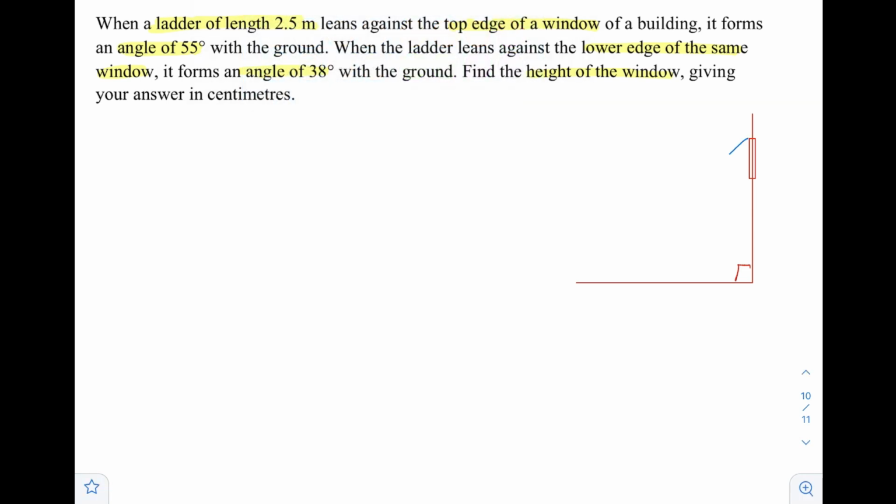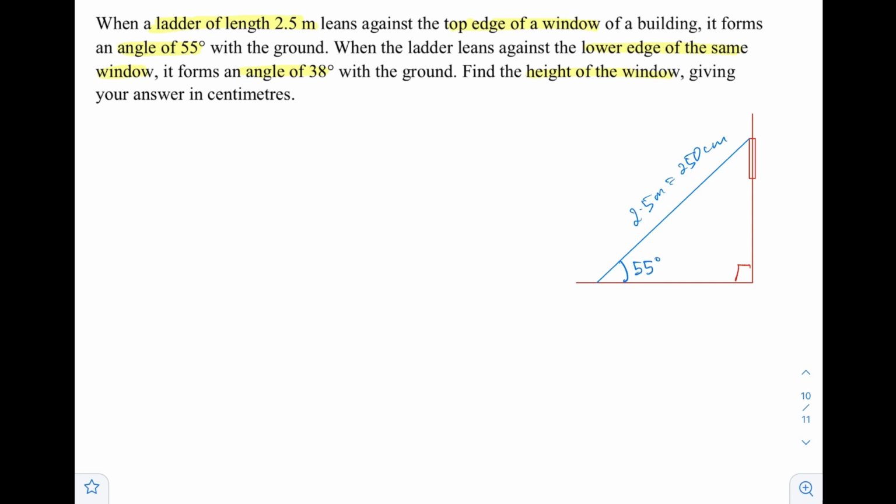So my ladder, when it is leaning on the top edge, is 2.5 meters, and 2.5 meters is actually 250 centimeters. The angle that it forms with the ground is 55 degrees.